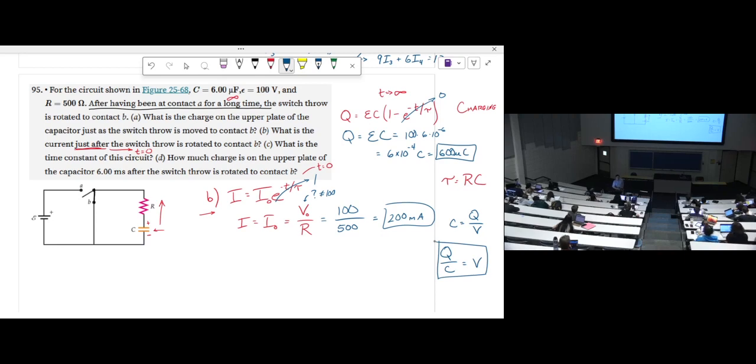If it only charged halfway, well, this is a linear relationship, so I would have only gotten to 50 volts out of 100 across the capacitor. If it had charged to 400 microcoulombs, then I would have gotten 66.7 volts, and so forth. But it's only when it's fully charged that I get the same potential across the capacitor that I had across the EMF to begin with.